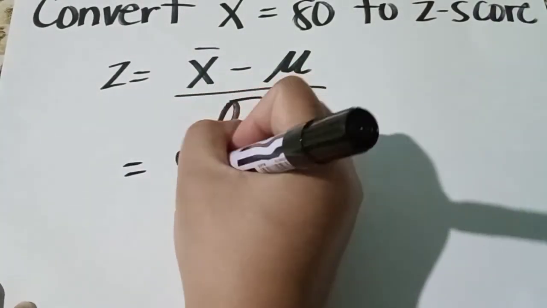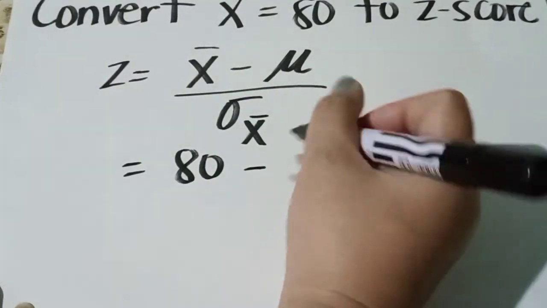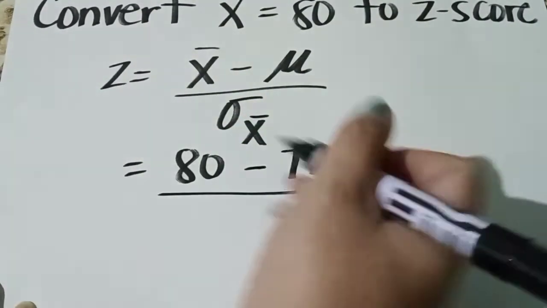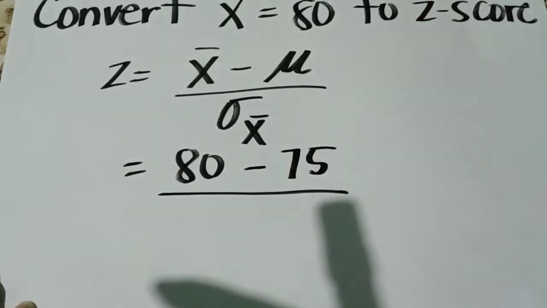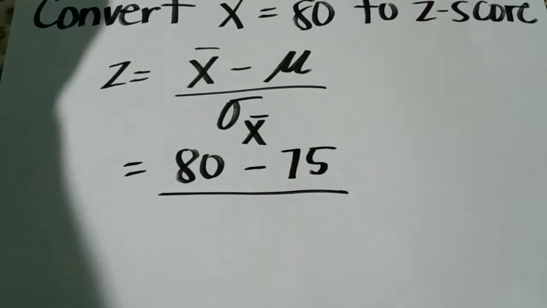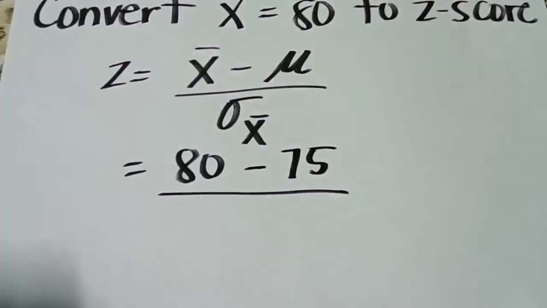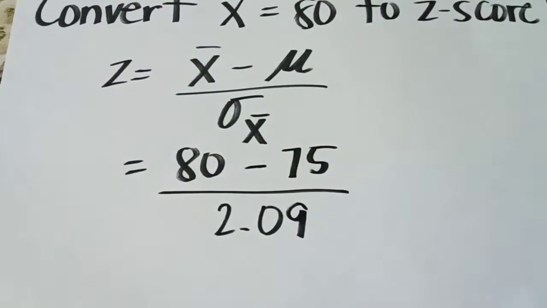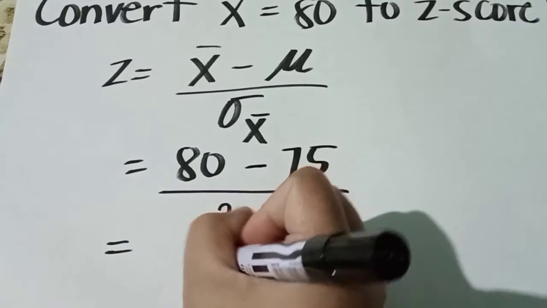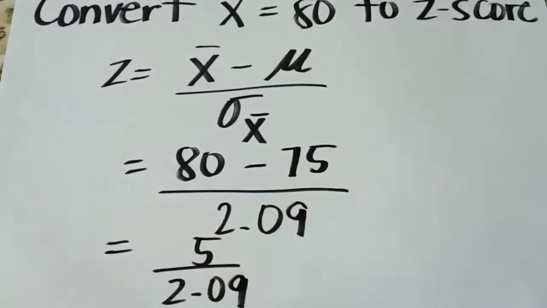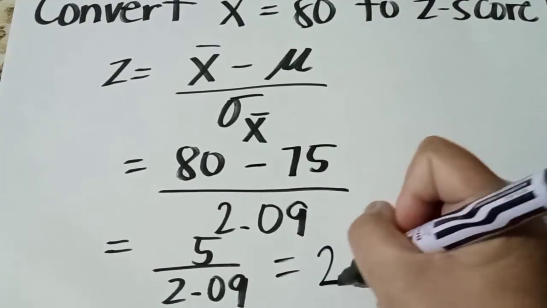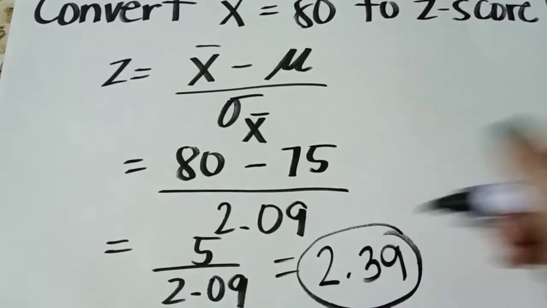Our given is 80 minus our population mean given earlier, which is 75, all over the value that we obtained for the standard deviation, which is 2.09. So we divide 5 by 2.09, and that is equivalent to 2.39. Therefore, our z-score is equal to 2.39.